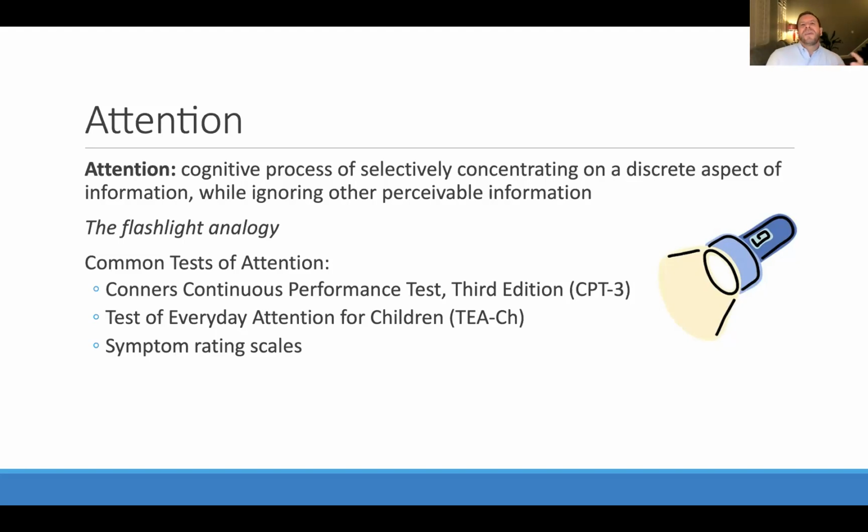They're going to struggle with moving the flashlight back and forth. So multitasking: I'm doing something, then I get a text, then I have to go back to what I was doing. That sort of flexibility in my focus. And they're going to struggle if there's something else distracting, pulling me away, whether it's internal thoughts or something outside the window that's just more interesting or shiny, right?